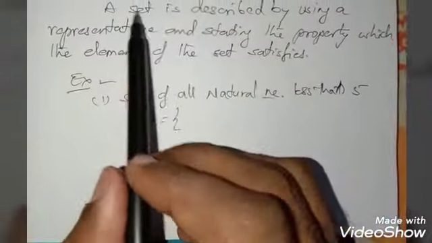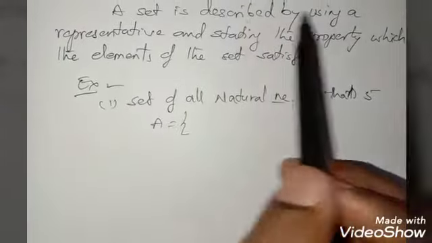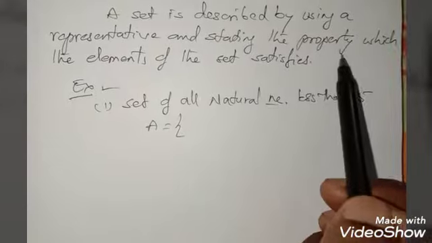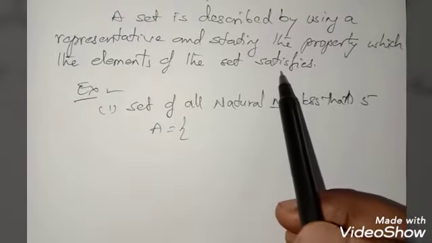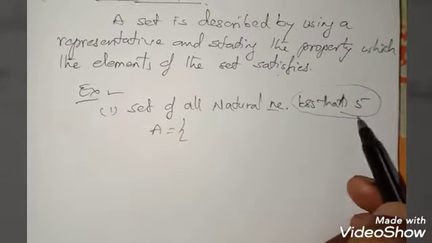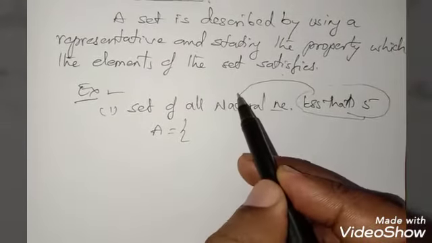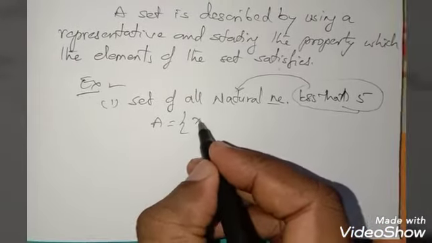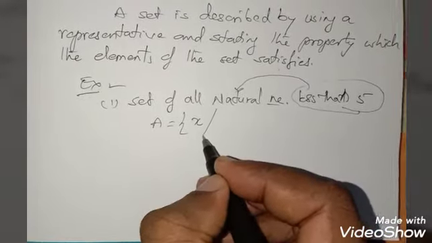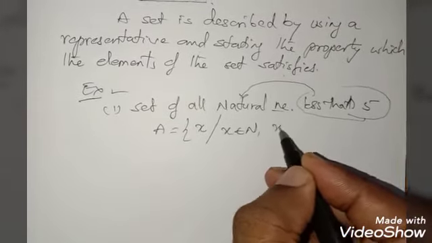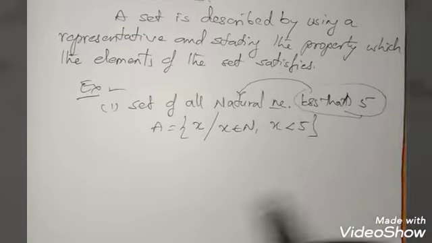As per the definition, a set is described by using a representative and stating the property which the elements of the set satisfy. The elements are less than 5, and the property is natural number, right? So I am denoting these natural numbers as x, such that x belongs to natural numbers and x is less than 5.